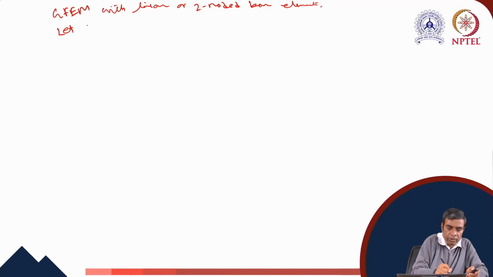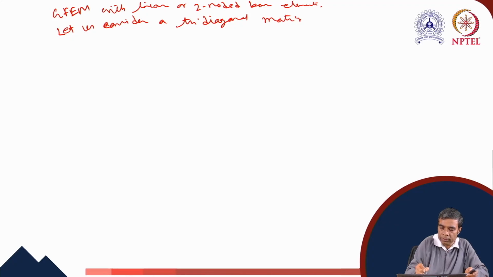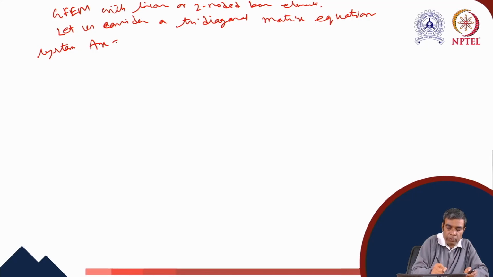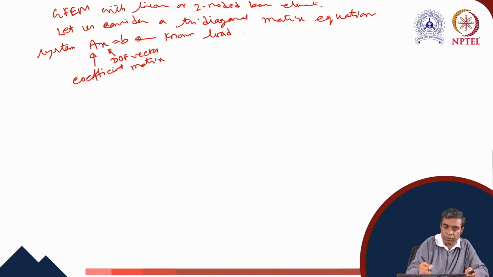So let us consider a tridiagonal matrix equation system Ax equals to B, where A is known as the coefficient matrix, X is the degree of freedom or unknown vector, and B is the known load vector or the force vector.